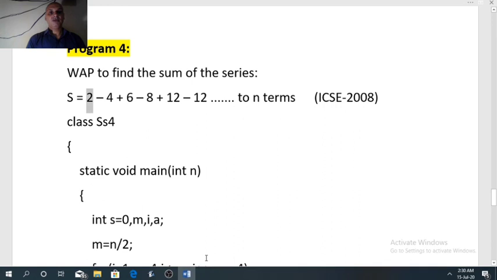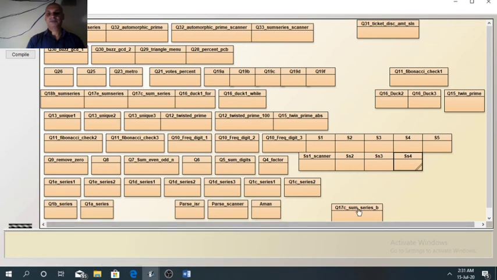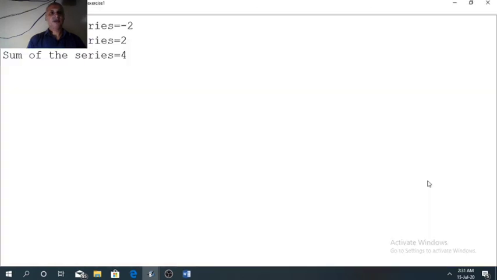Now when n equal to 3, 2 minus 4 plus 6, that is 2 plus 6, 8 minus 4, that is 4. We should get 4. Let us verify it. When n equal to 3, we are getting 4.